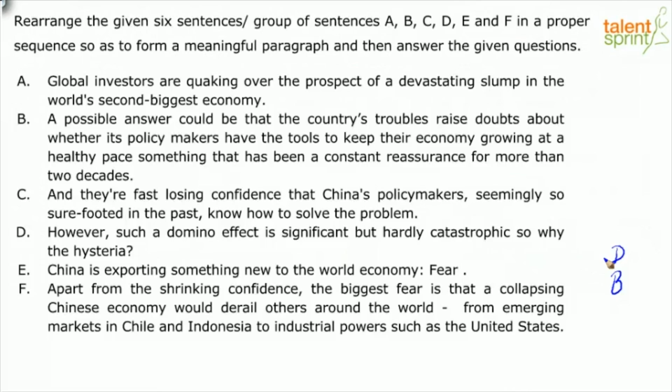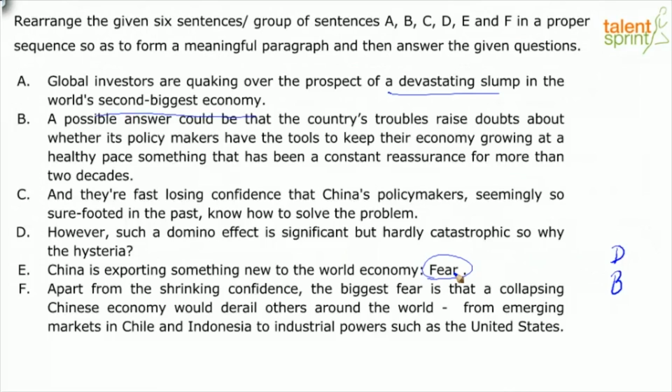Now, A is talking about something negative: global investors are quaking over the prospect of a devastating slump in the world's second biggest economy. So where's the pretext for that? The pretext is that China is exporting something new to the world economy. What is it exporting? Fear. What is the fear?